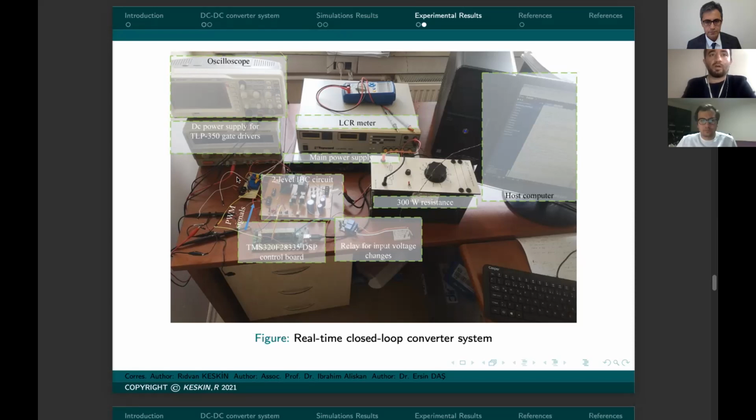The exact values of the components used in this experimental study were measured using an LCR meter. Then I updated the values of the passive components in the simulation study.